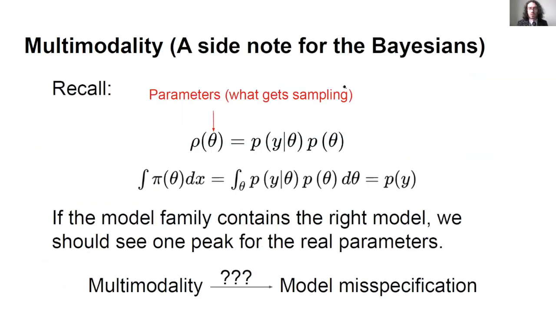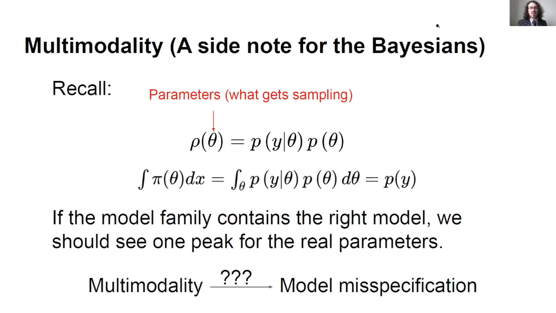So I want to give a quick side note for the Bayesians in the audience. Recall what we're actually doing in Bayesian statistics. We sample this probability rho of theta, which is proportional to the probability of a certain parameter set given your data. There is a bit of folk wisdom here, encapsulated by the folk theorem of computing by Andrew Gelman, which in this context boils down to: if the family of models you're using contains the right model, then you should reasonably expect to see one good peak for the real parameters.